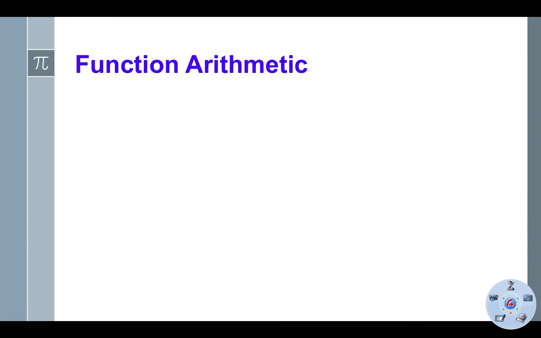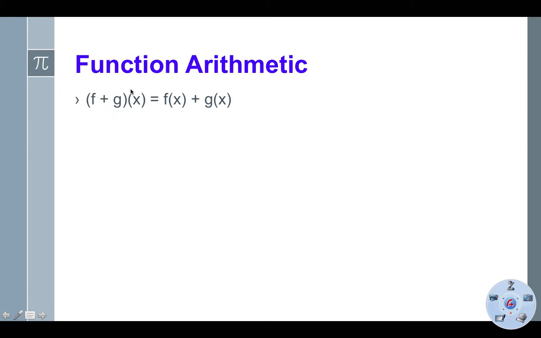So with that out of the way, we can now look at function arithmetic. We have all 4 of the basic arithmetic functions here, and the first one that we're going to look at is, we're going to list them. The first one here is summation. This is really the 2 different ways that this gets written.